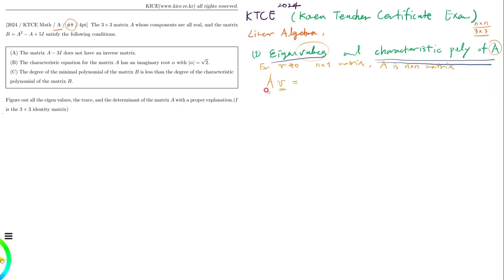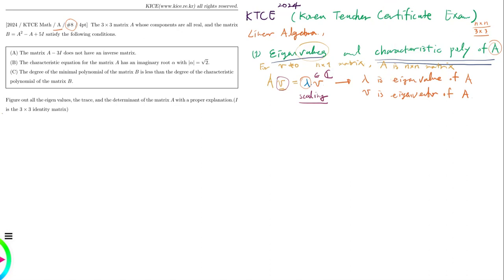If their multiplication A times vector V is nothing but a constant, say lambda, times V itself, then we say this lambda is an eigenvalue of this matrix A, and this vector V is an eigenvector of matrix A. So when some specific vector V is multiplied by this n by n matrix, the result is like scaling of this vector, because lambda is a constant, which could usually be a complex number.